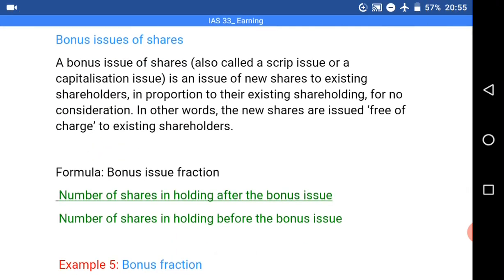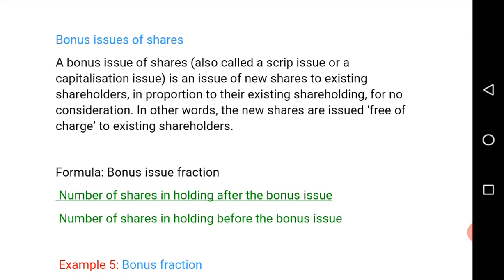A bonus issue of shares, also called a scrip issue or capitalization issue, those are names for bonus issue, is an issue of new shares to existing shareholders in proportion of their existing shareholding, for no consideration. Existing shareholders, proportion, no consideration. In other words, new shares are issued free of charge to existing shareholders.